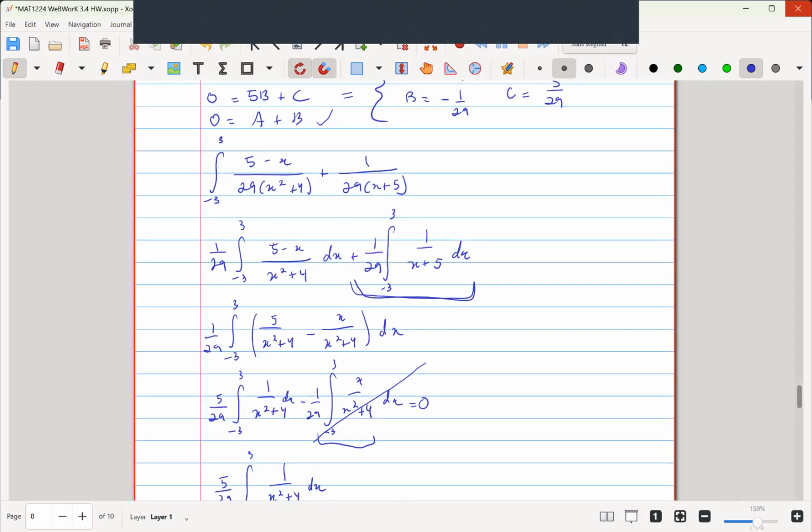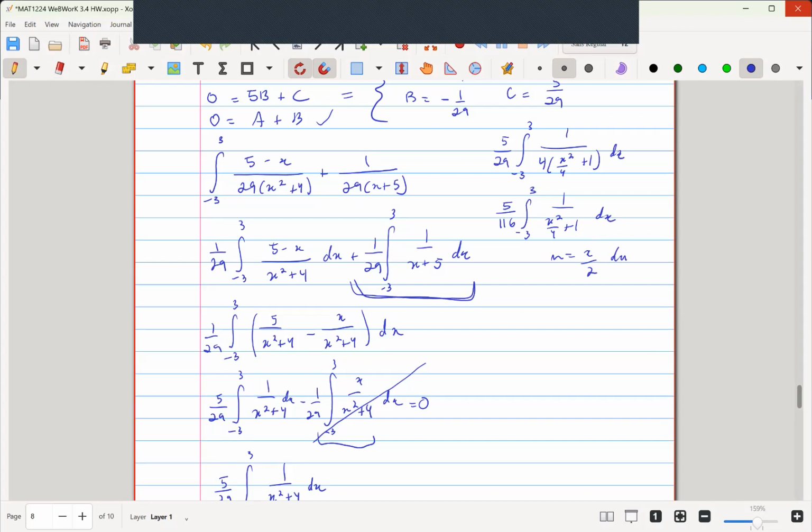5 over 29, -3 to 3, 1 over factor the 4, x squared over 4 plus 1 dx. I factor out that constant, 5 over 116, -3 to 3, 1 over x squared over 4 plus 1 dx. We let u equal to x over 2.